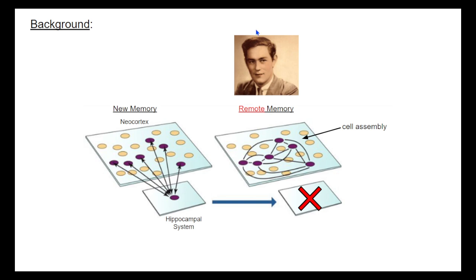This is perhaps the most famous neuroscience patient, HM, Henry Molaison, who had large portions of his medial temporal lobes, including two-thirds of his hippocampi, removed. He would seem pretty normal at first, having a conversation with him, but he could not form new episodic or semantic memories because of his missing hippocampus.